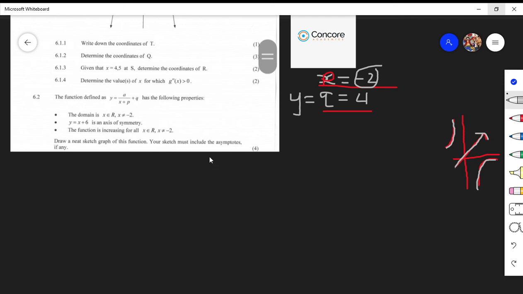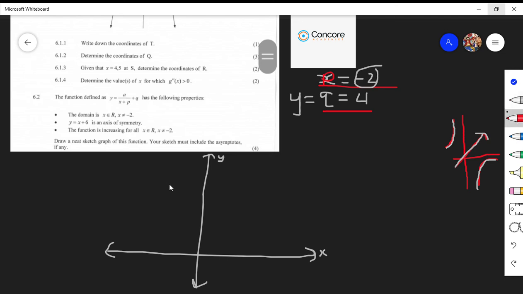Okay, back to our axis, right? So we've got our y-axis and our x-axis. So this is y, this is x. We've got our vertical asymptote at -2, which is x is equal to -2, and remember x is our p value.